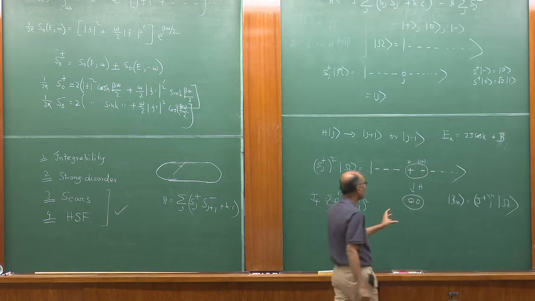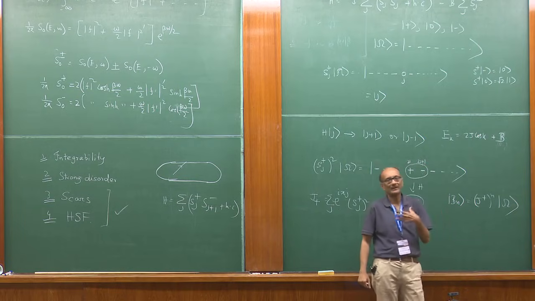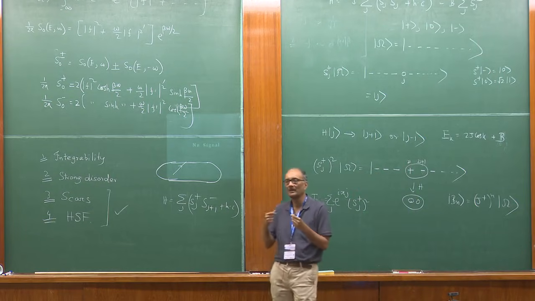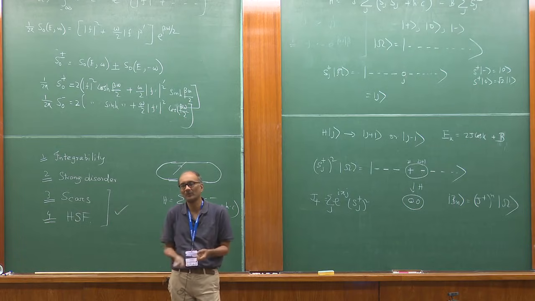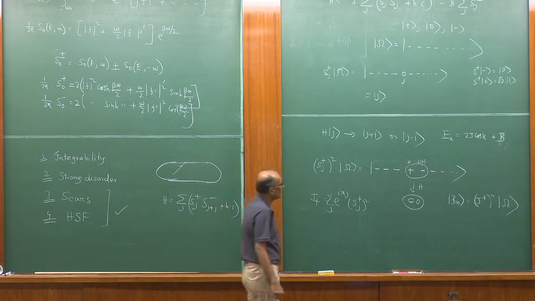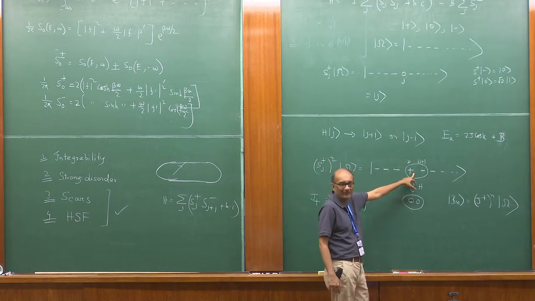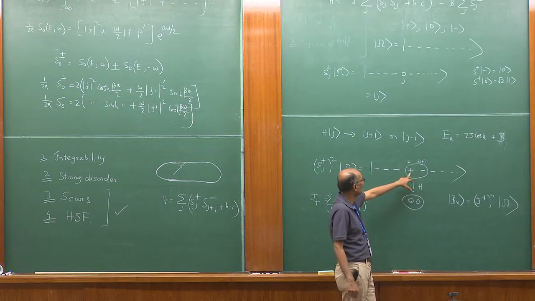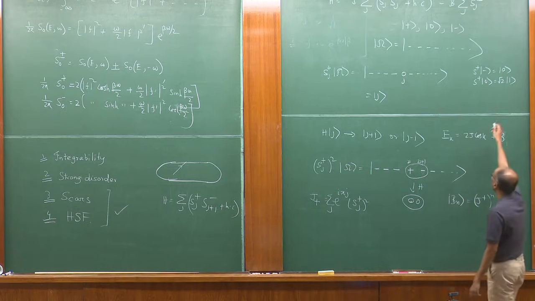So every time it acts, it's going to give me this up down minus down up pair. And because I cannot create an up down minus down up pair simultaneously on the same site, it's just going to give me linear superposition of 1 pair, 2 pairs, 3 pairs, and so on. But what's the on-site energy of this state? If I have a plus, then clearly this is 2 times B, because from the ground state.